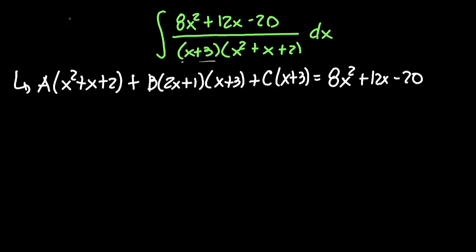Now that we have this, what we're going to do here now would be to find the value of either of these variables. To do that, we must get our normal factor in the denominator, which is only x plus 3, because x squared plus x plus 2 is a special case.